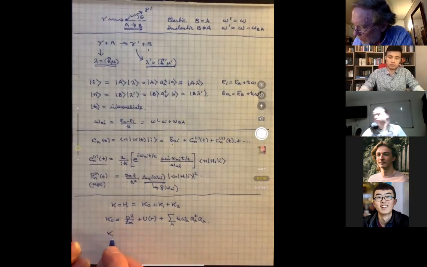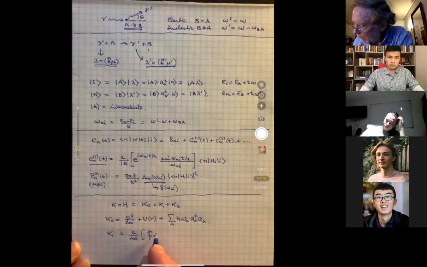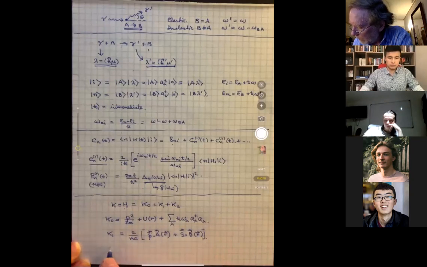The K1 is equal to e over mc times the momentum P dotted into the vector potential evaluated at the particle position, plus the spin S dotted into the magnetic field evaluated at the particle position, like that. And the K2 is equal to e squared over 2mc squared times the vector potential A evaluated at the particle position R, quantity squared.